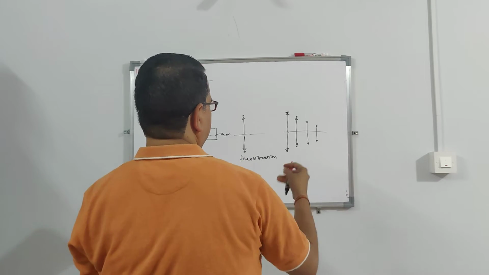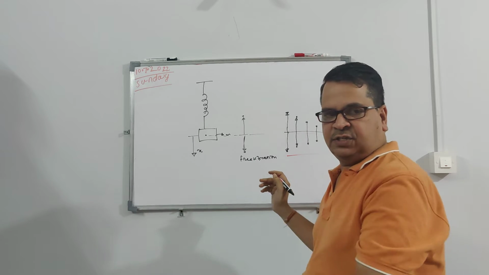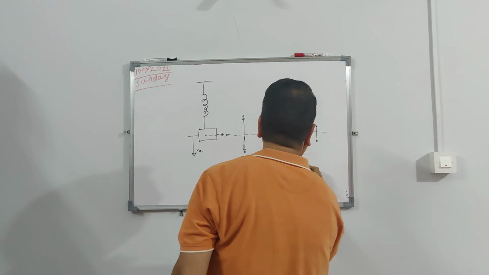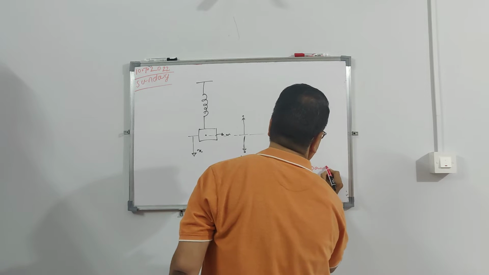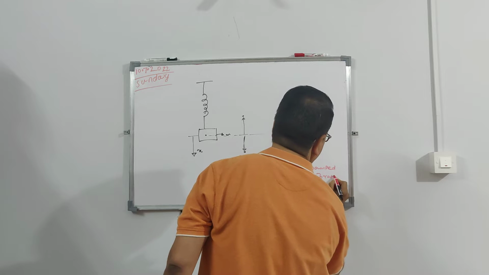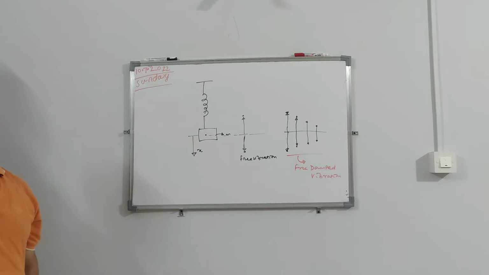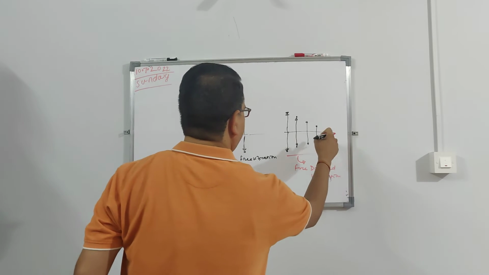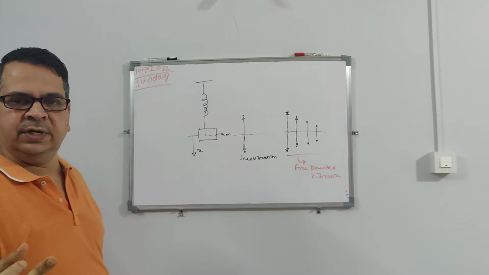Whereas this second example, which happens because of the presence of air resistance, is called free damped vibration. That means there is damping. Damping is nothing but air resistance. If damping is present, the amplitude of vibration goes on decreasing.